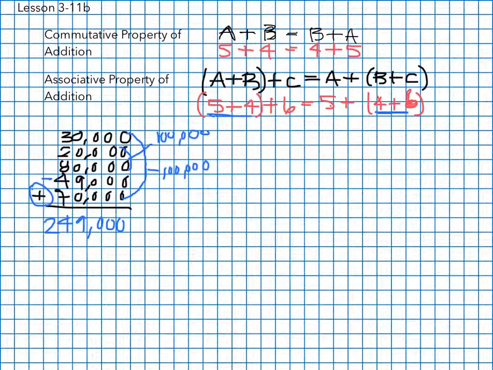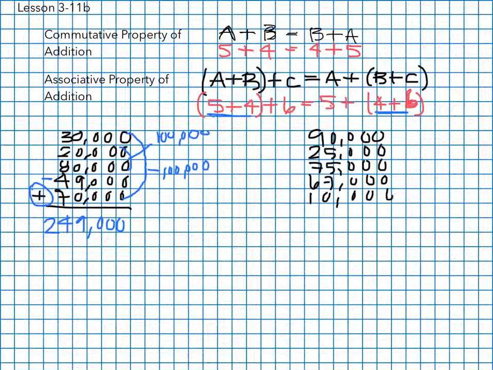Let's look at another example quickly here. 90,000, 25,000, 75,000, 67,000, and then 10,000. Now let's add those together.